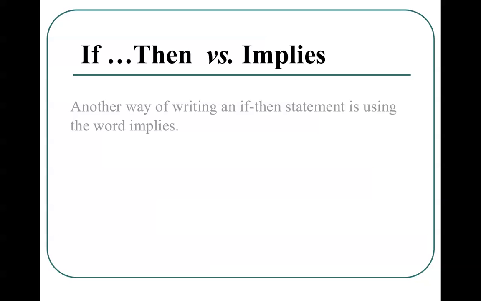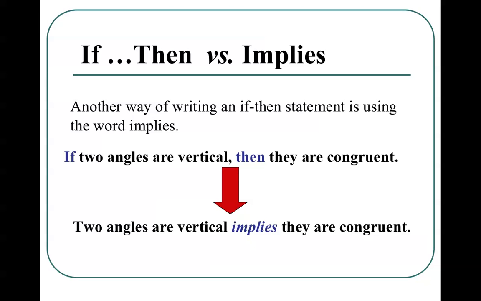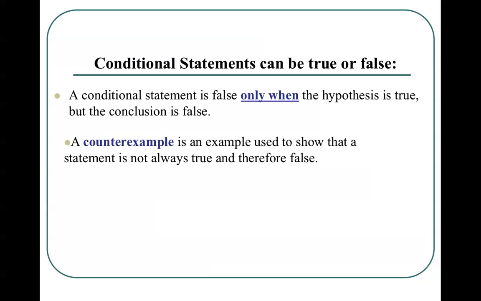All right. Also, we could say implies. The first part of the hypothesis is implying the second part. Vertical angles implies that they are congruent. They can be true or false, okay? If the conclusion happens every time the hypothesis happens, then it's going to be true. But if the conclusion does not happen, even if the hypothesis does, then we say the statement is false.